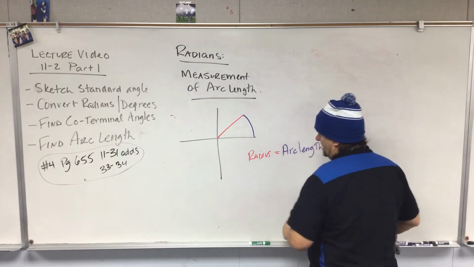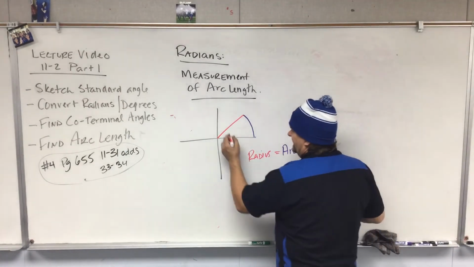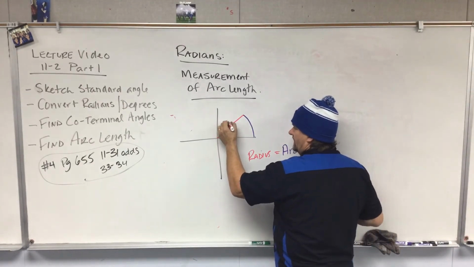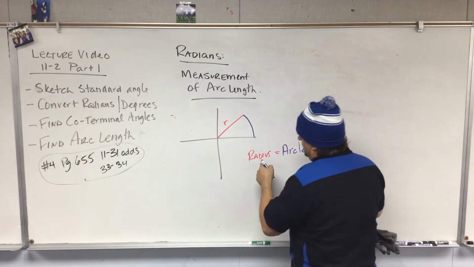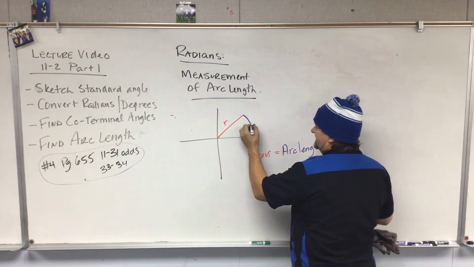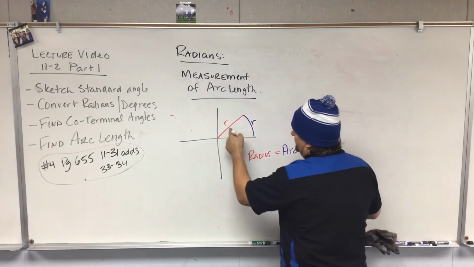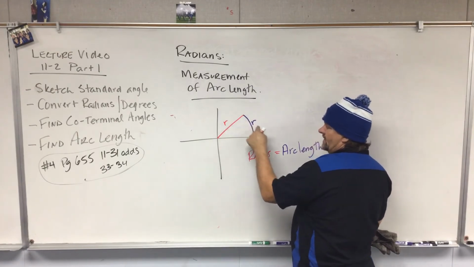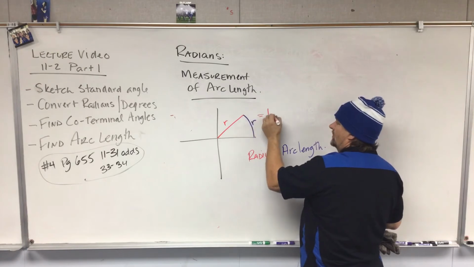So, in other words, if this is the radius r, and it is r long, then the arc length has to be r. So this here, since the radius and the arc length are the exact same length, that is equal to 1 radian.